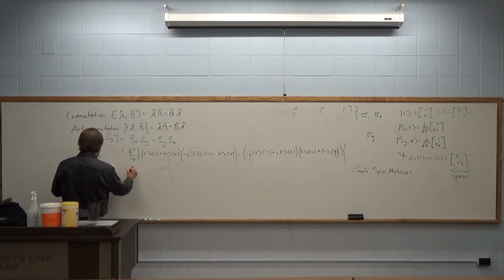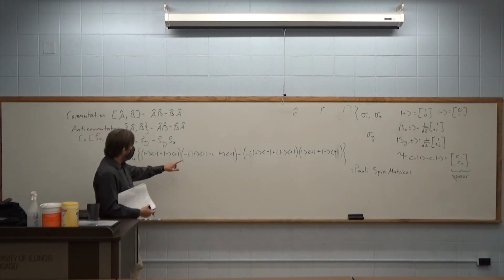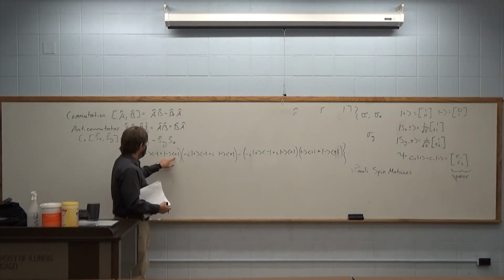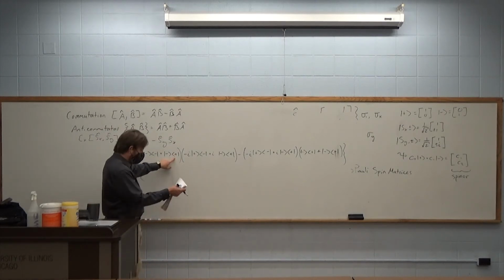Let's see. H bar squared over 4. Okay. Plus, minus, gone. Plus, plus. That's going to survive. That's going to spit out a minus i.